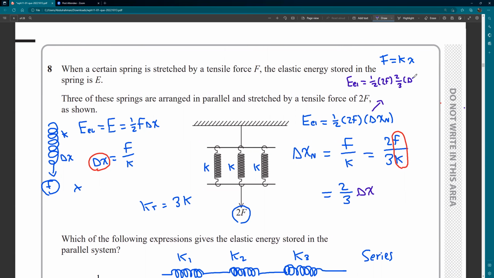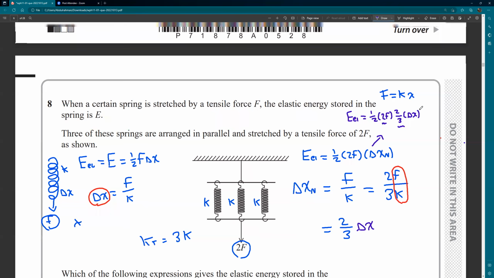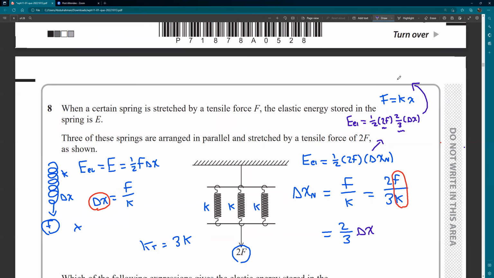2/3 by the extension. But what I'm going to do is take out the 2 and the 2/3 to the outside, and you'll see why I'm doing that. So I could say the total elastic strain energy. Well, what is 2 times 2/3? That's 4/3.